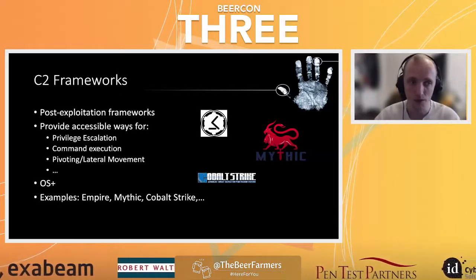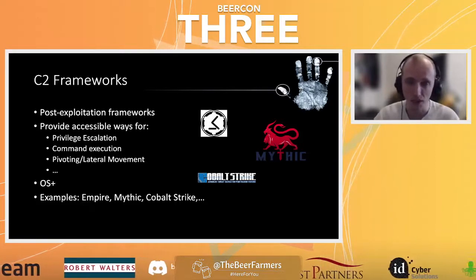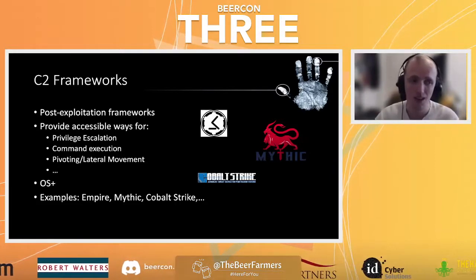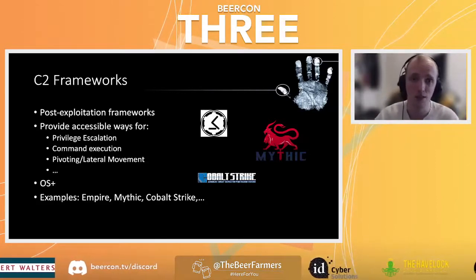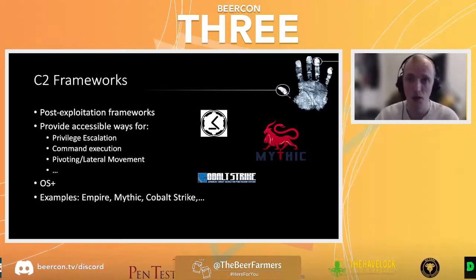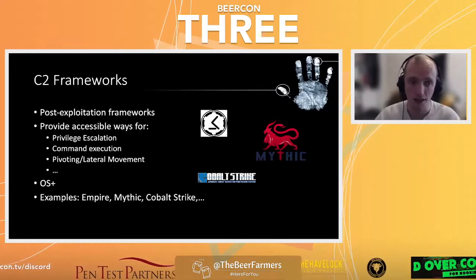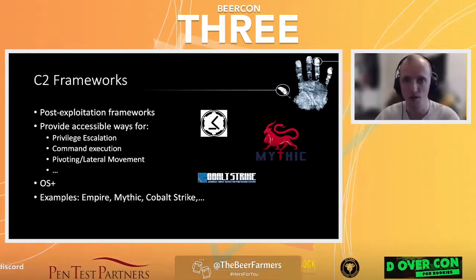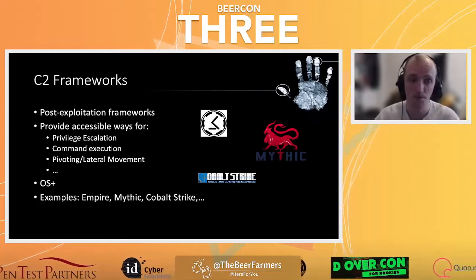You can use them basically for privilege escalation from that initial compromise, command execution, pivoting, lateral movement, and you name it. They're used quite a lot in red teaming exercises or red teaming engagements, but nowadays they're used a lot as well by malicious actors. For example, Cobalt Strike has been repurposed by malicious actors because it's quite easy to use and quite powerful.